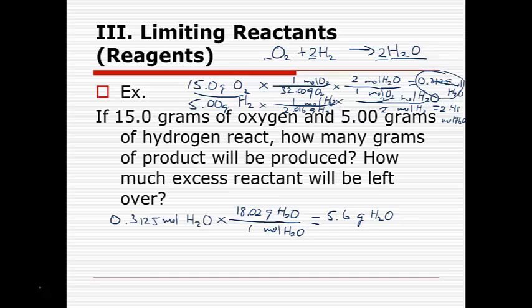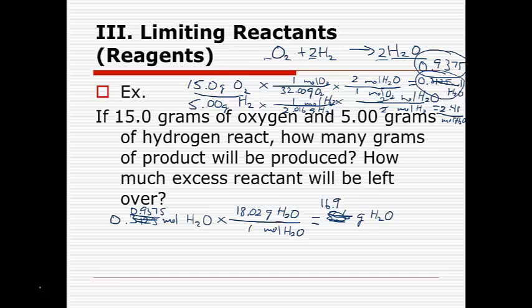This comes out to be 0.9375. 0.9375 times 18.02, that'll give you 16.9 grams. Now notice, why is it still oxygen? This number is still smaller than the 2.48, so it's still the limiting reactant.